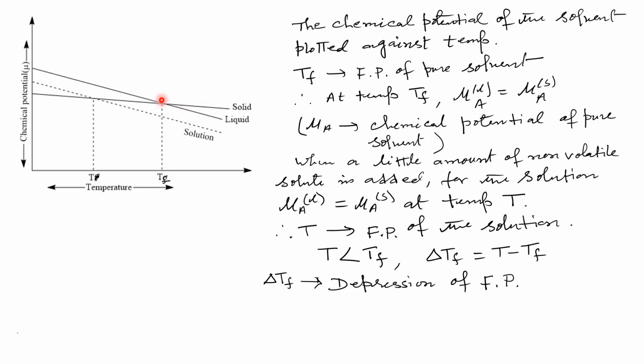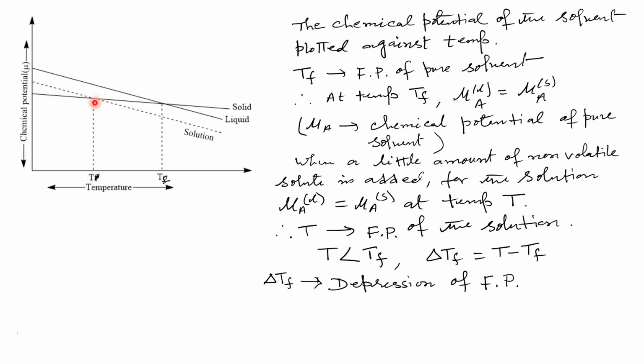That means here liquid and solid phase are in equilibrium, and that is the freezing point of the pure liquid, whose temperature is TF. But at this temperature, the solution line is not touching the solid line. So it is touching at a lower temperature T.